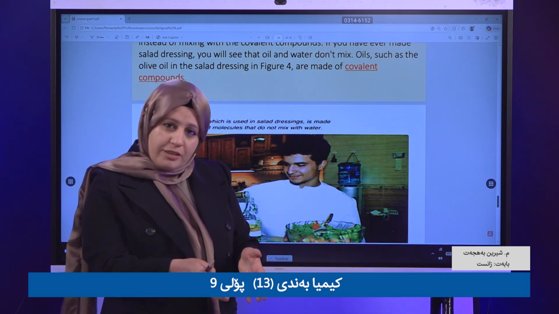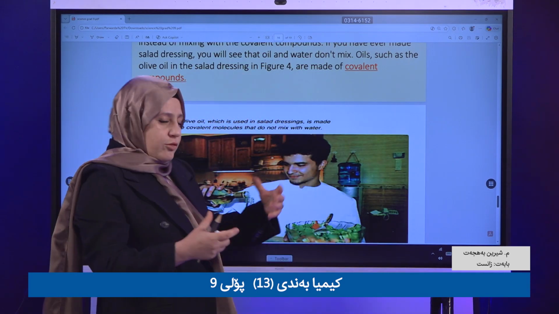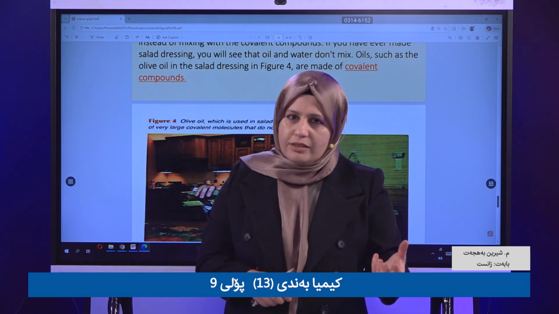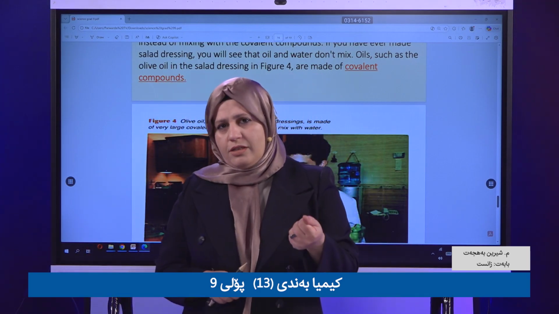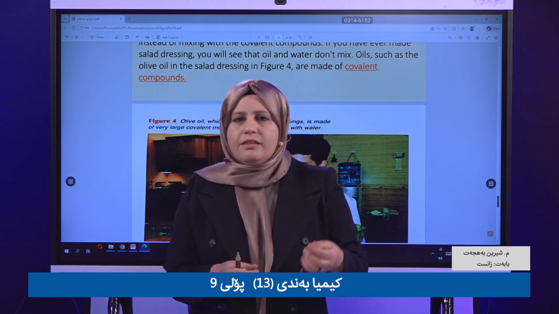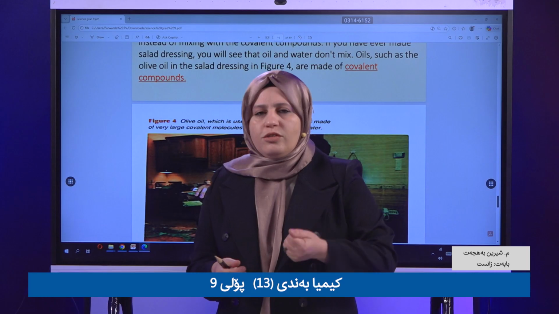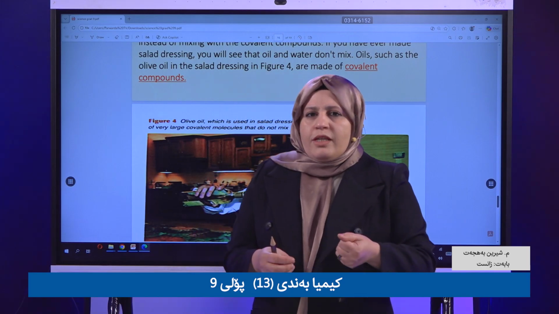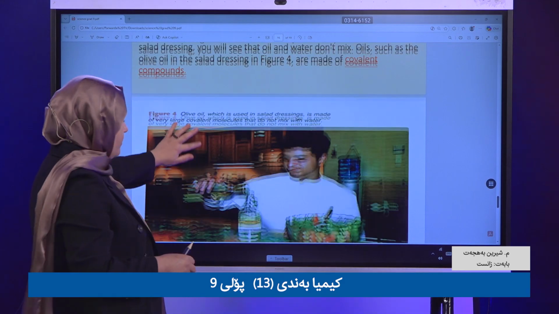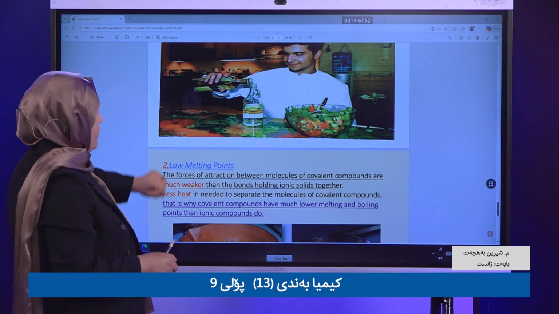So do this experiment. When you make a salad, you should make a sauce. Put in oil and salt, anything. Start to shake it. When you shake it, it does not dissolve. That means it does not dissolve in water.